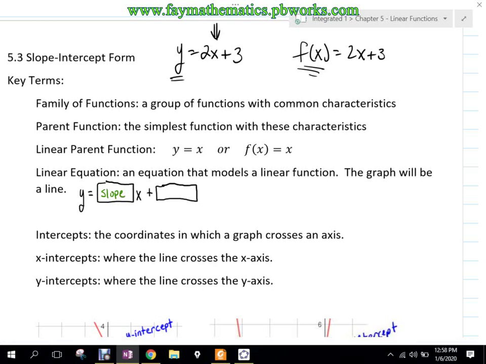Okay? And all of this stuff, guys, that I'm going to show you, I want to prove it to you later, maybe in a week or so, but it comes from your slope formula. So this equation I'm going to give you right now comes strictly from your slope formula. And this number here is going to be your y-intercept.